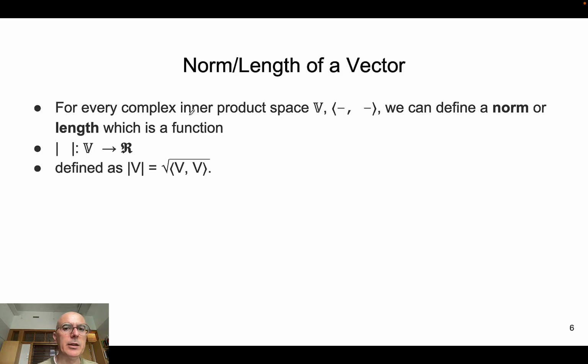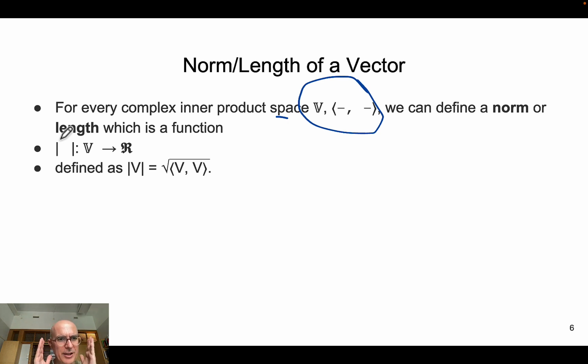Once we define the inner product, we can also define the so-called norm operation. Given just one vector, either real or complex, for every complex inner product space, so we have already this inner product, we can define a norm or length, which is a function represented with the two bars.